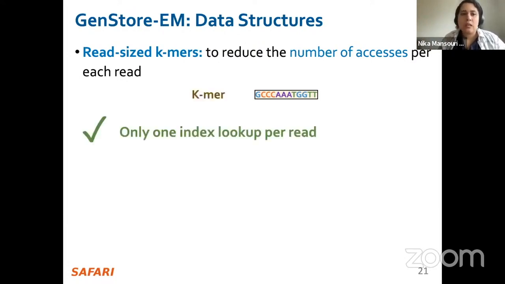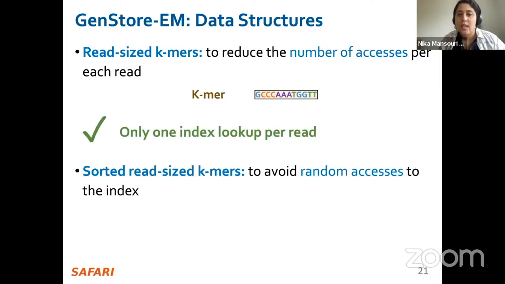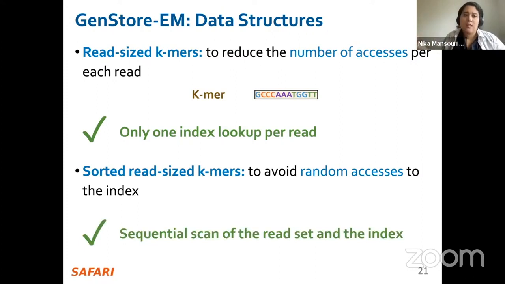And to avoid random accesses to this index, we introduce the sorted index of these read-sized k-mers. When you sort the index, we can sequentially scan the read set to find the exact matches. We can perform that via sequential scanning of the read set and the index together, so we avoid fully random accesses.